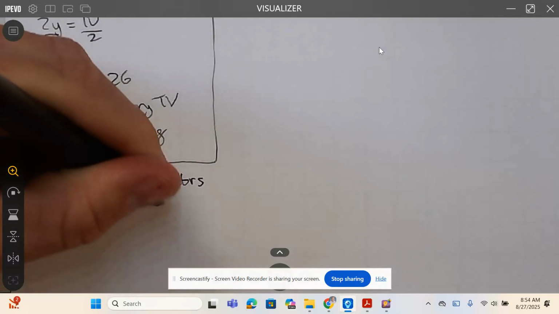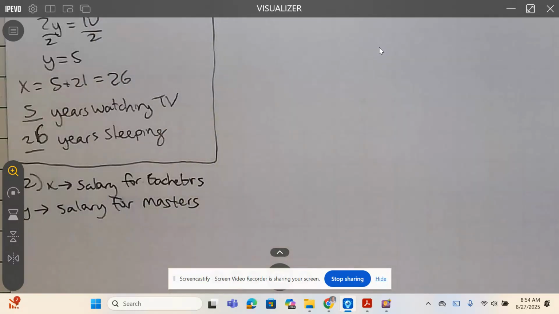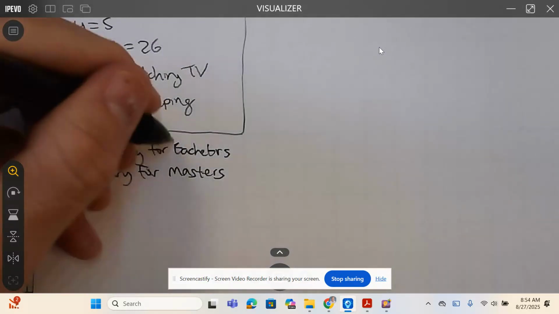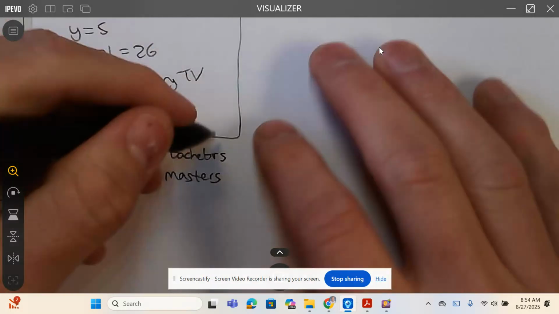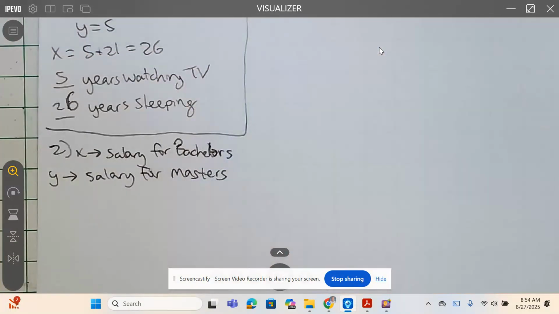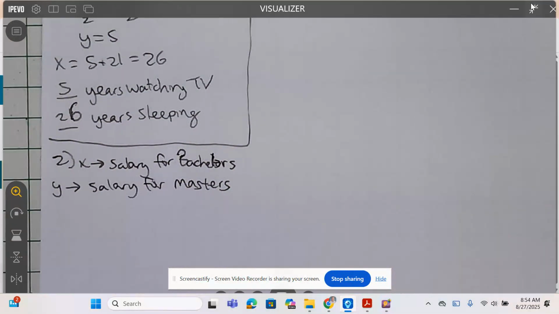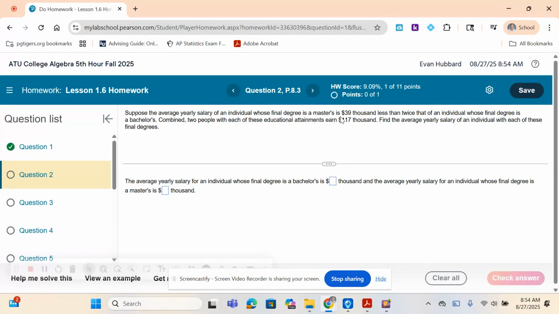It doesn't matter. I'm just doing bachelor's as X because it was the first thing they asked for, but you could use B and M. B and M might make it easier for you. So that's the first step when you solve systems of equations. You have to define the variables, define what they mean. That's just going to help me keep organized.